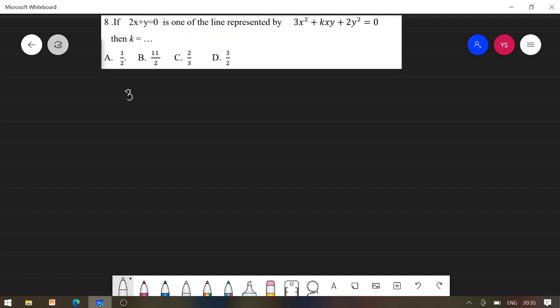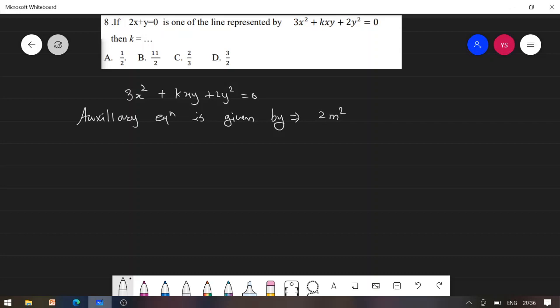So we have a homogeneous equation of degree 2 in x and y, 3x square plus k times xy plus 2y square equals 0, whose auxiliary equation is given by: divide throughout by x square and replace y by x with m. We get the auxiliary equation 2m square plus km plus 3 equals 0, which is a quadratic in m.